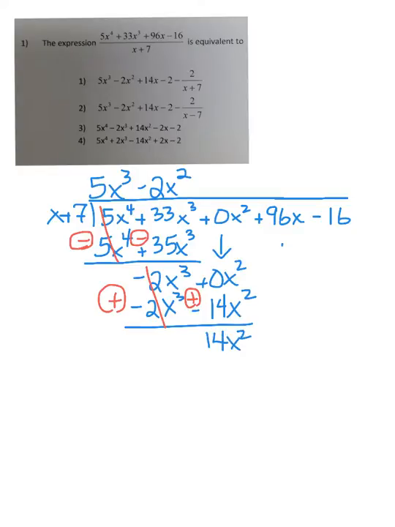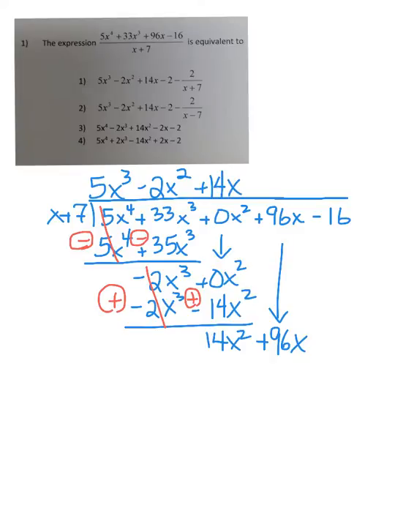And let's bring down the 96x. All right, and we start again. So I'm going to take this x again and ask myself, what do I multiply this x by to get to 14x squared? So that's going to give me positive 14x.